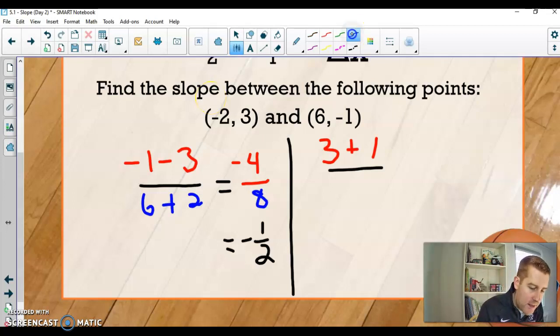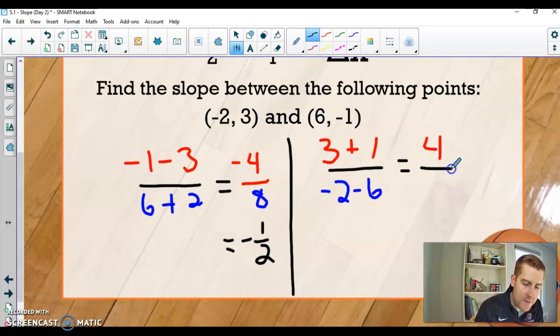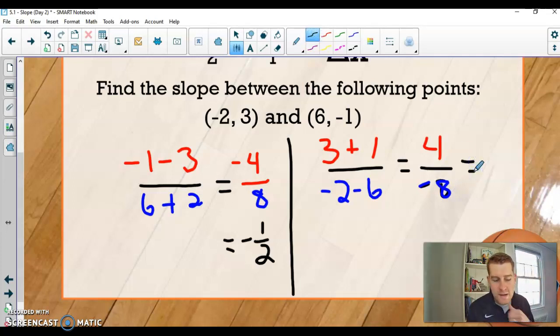So now I would subtract -2 minus 6. Then we would simplify that. Up top, 3 plus 1 is 4. On the bottom, -2 minus 6 is -8. And then that would simplify. 4 over -8 simplifies also to -1/2.